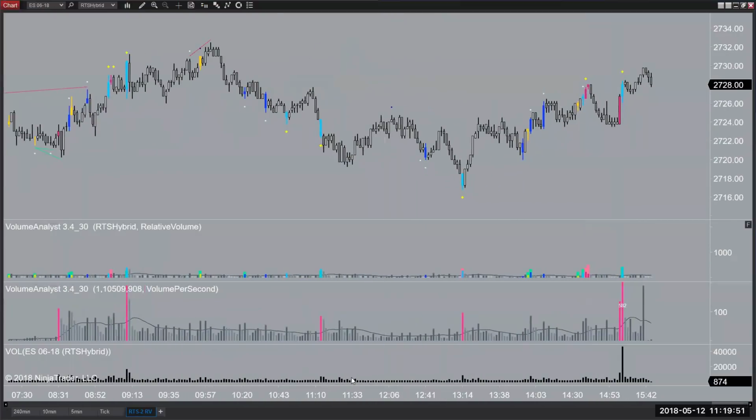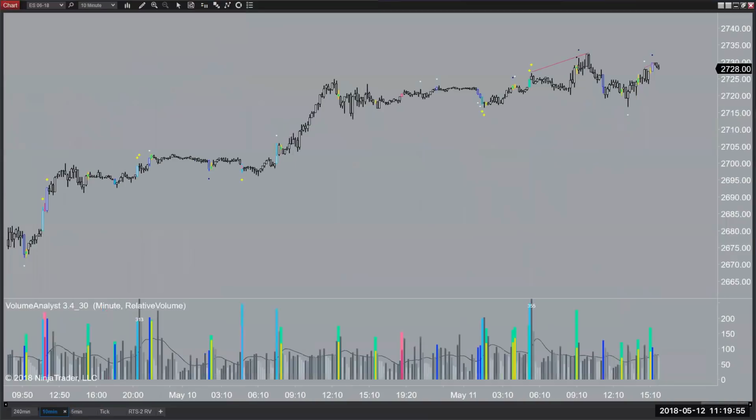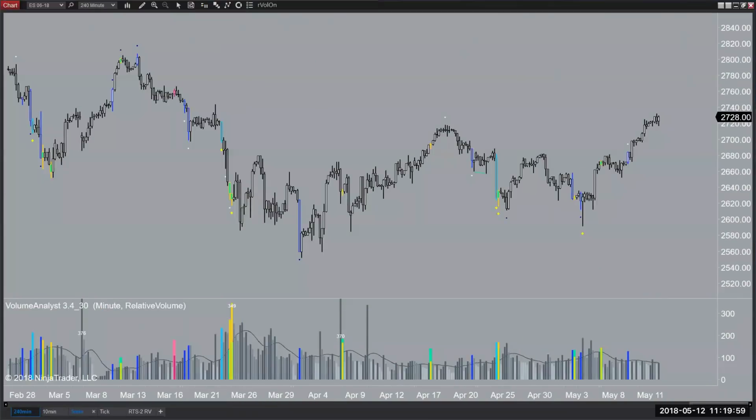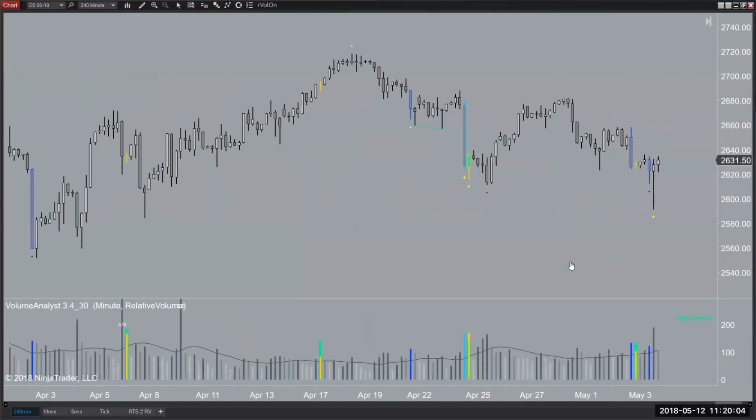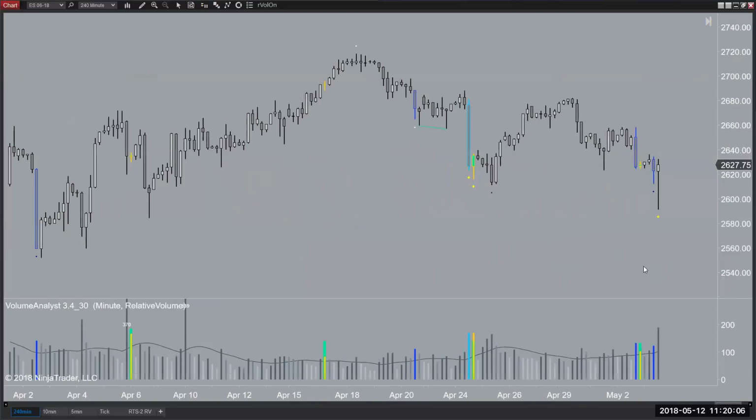So I'm going to be adding that in, and then I think there was another good example right in here. Yeah, like right here. So that bar is not quite showing up as a climax because of a couple of filters that I have on right now.